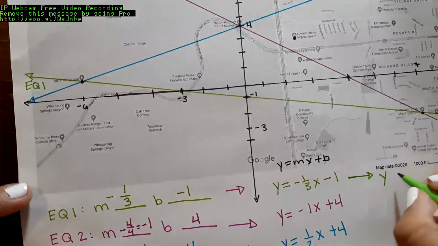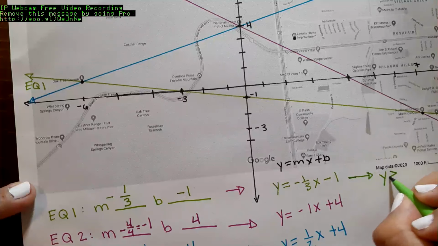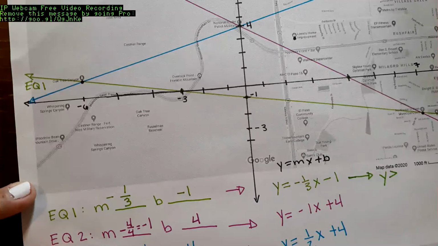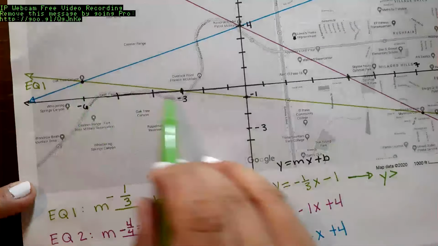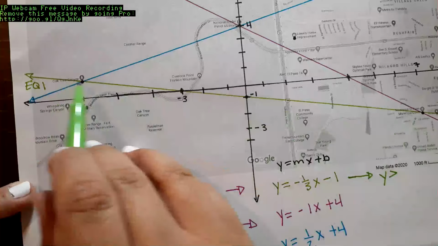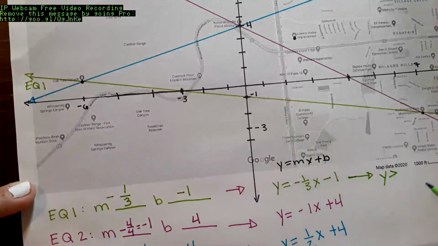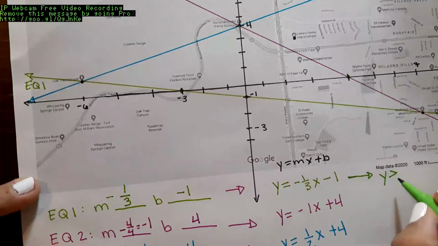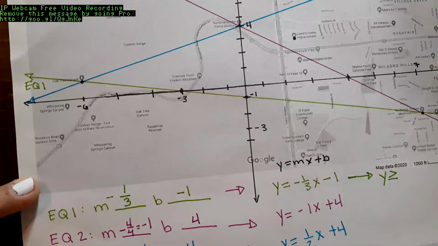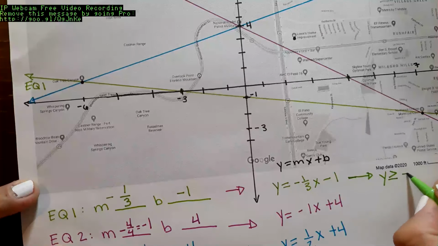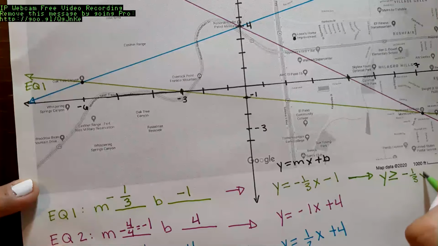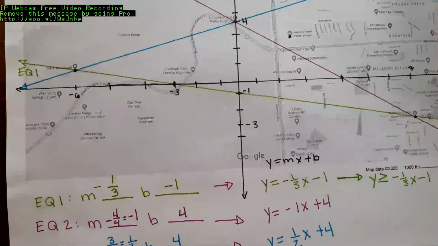Okay, so above, I use my greater than for sure. And then I have to think about it because my quarantine zone, I want that to be a real blockade, right? I don't want it to be kind of fenced in. So I'm going to put an equal sign on it to make sure I have a solid line, a solid barrier. And then the rest stays the same.